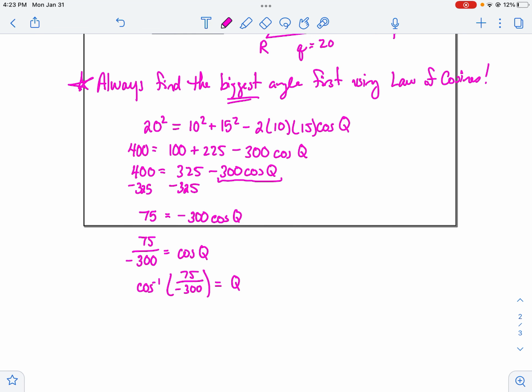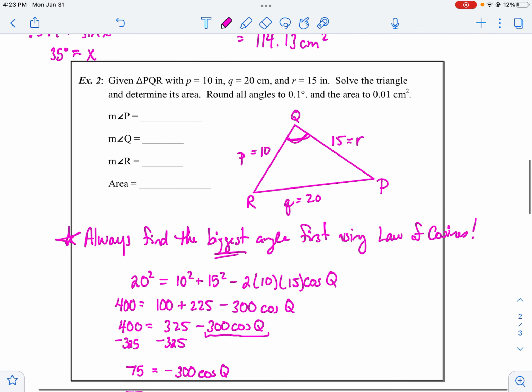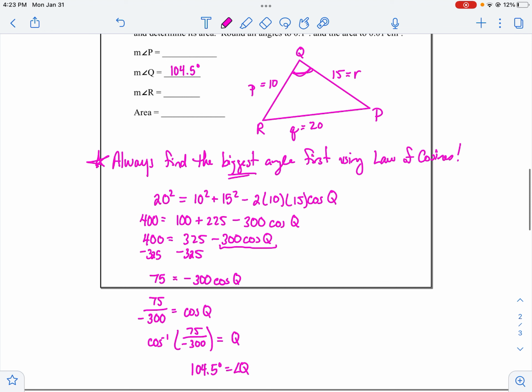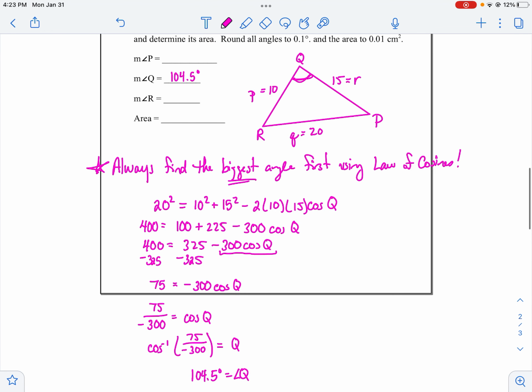And I punch that into my calculator, and it turns out that the inverse cosine of 75 over negative 300 is 104.5 degrees. Now I have angle Q. So angle Q is 104.5 degrees.